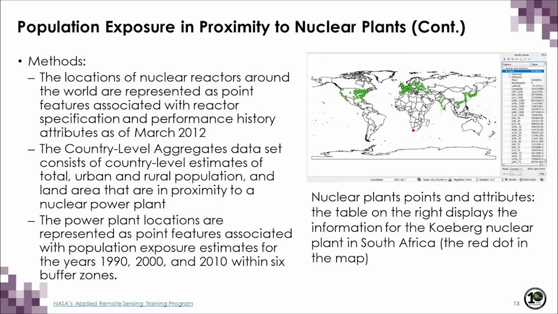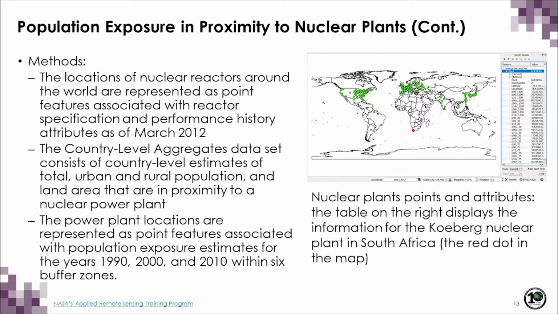The country-level aggregate dataset consists of country-level estimates of total urban and rural population and land area that are in proximity to a nuclear power plant. The power plant locations are represented as point features associated with population exposure estimates for the years 1990, 2000, and 2010 within 6 buffer zones.